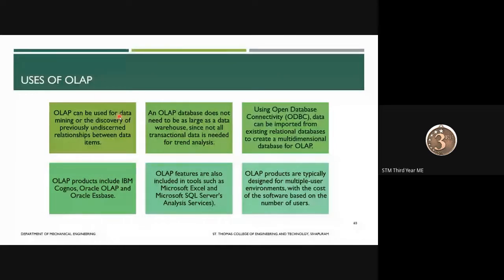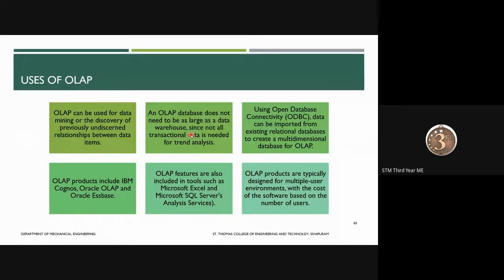That is OLAP under data mining. Then, an OLAP database does not need to be as large as a data warehouse. We are not creating a database much greater than a data warehouse, but we are categorizing it into various folders or various OLAP cubes. So only such data are required.